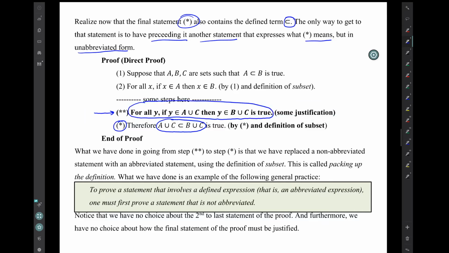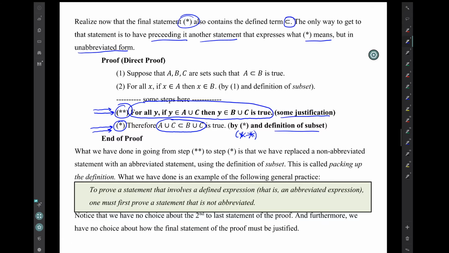So the idea is, if the goal is to get to here, then the only way to get to that final statement of the proof is to first get to here. And then once you get to this statement, double asterisk, with some justification, we don't know how we're going to get there. Once you get to there, then you're allowed to write the final statement of the proof using, this should say double asterisk here, using double asterisk statement and the definition of the subset.